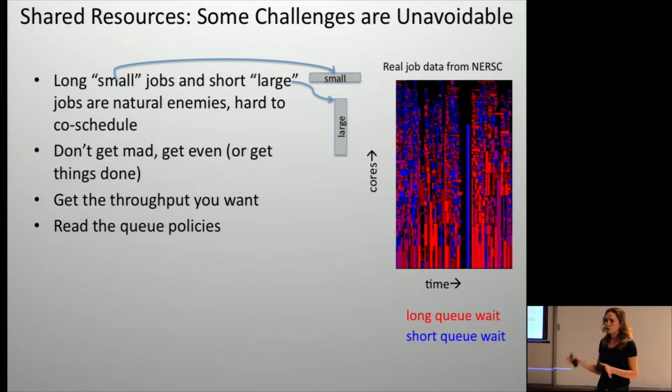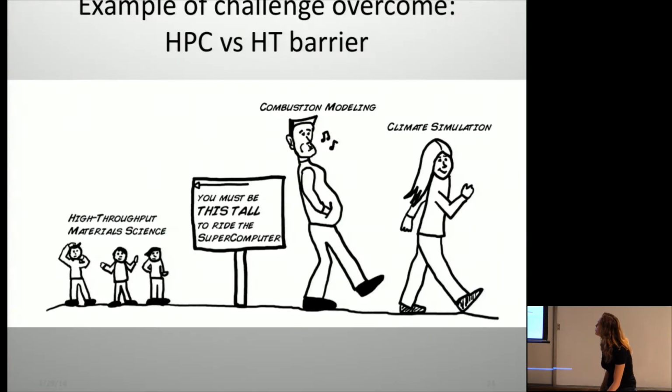And that's why schedulers don't really like to combine short, wide, and tall, long jobs, because that means they go down in efficiency. So what do we do when we have things like that? Well, you have to sort of work with them and see if there's any way you can squeeze into the high throughput or the high performance queue without violating and without making them upset and still getting the throughput you want.